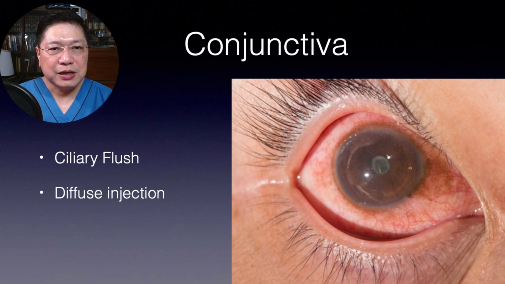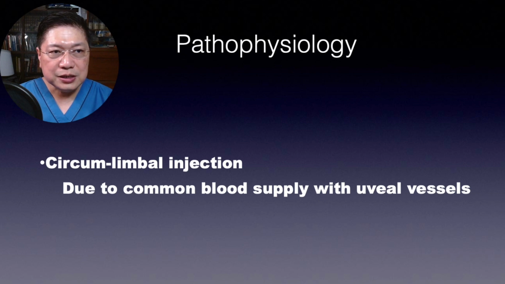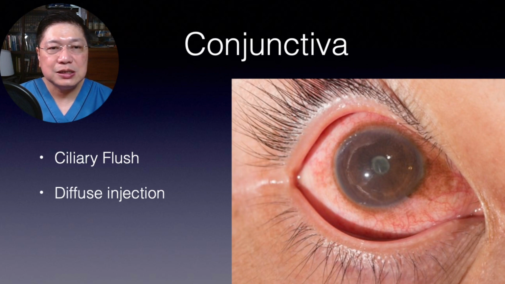In the conjunctiva, what you're looking for is a phenomenon we call the ciliary flush, or you can also find a diffuse injection. Now, ciliary flush is basically a circumlimbal injection because of the common blood supply with the uveal vessels. So going back to the previous slide, you will notice that the redness is just in the limbal area.